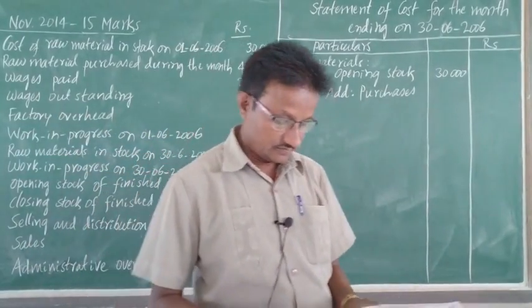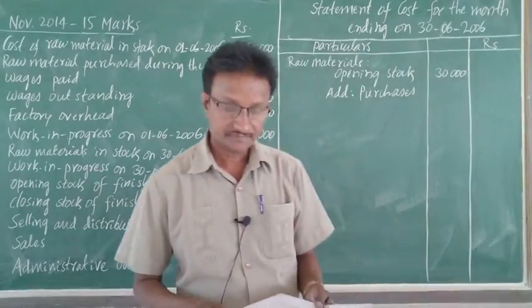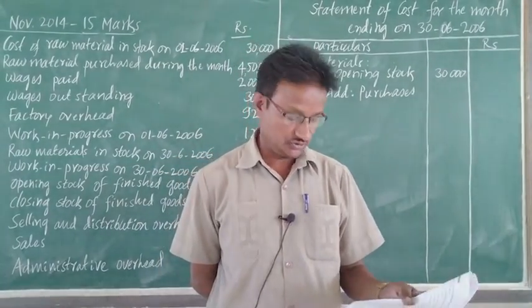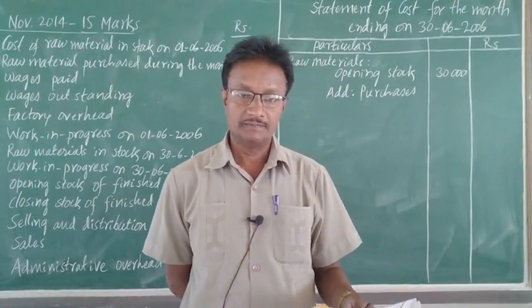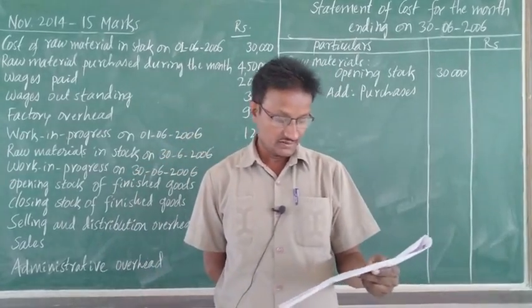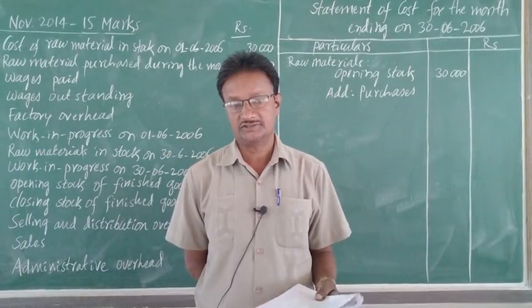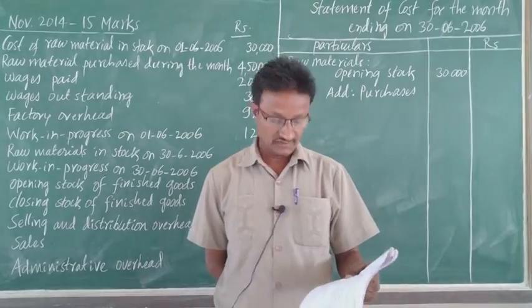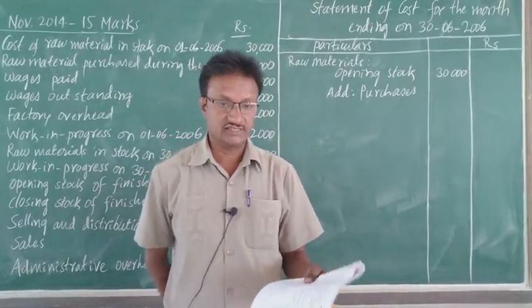Here we are asked that you are required to prepare a statement showing number A, prime cost, number B, works cost, number C, cost of production, number D, cost of goods sold, and number E, sales.